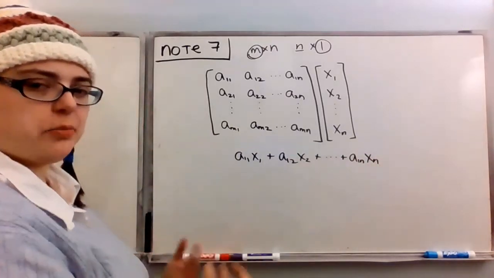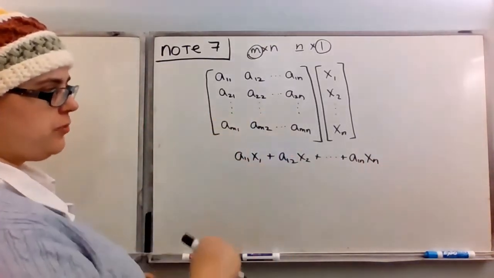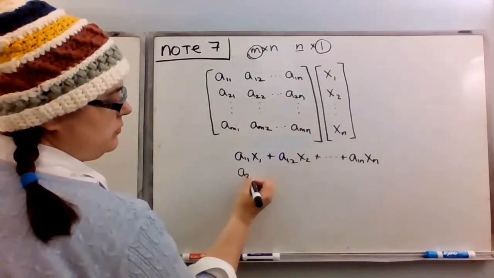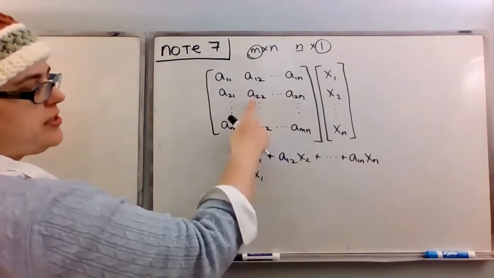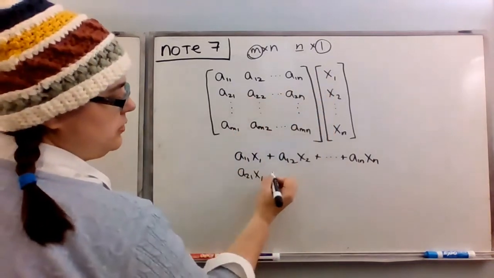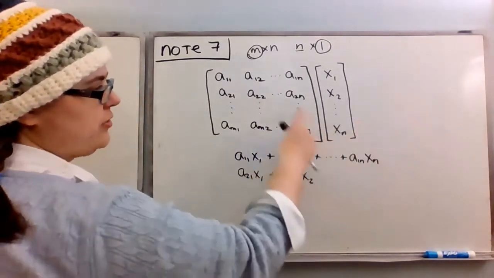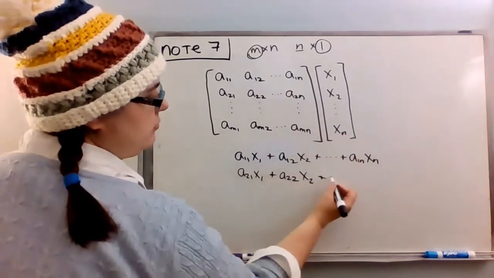And then we're going to have a similar thing happening with each of the next rows. So we have A21 x1 plus A22 x2, all the way down to A2n xn.